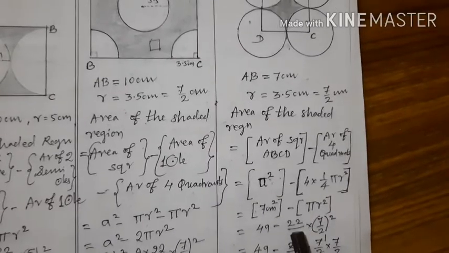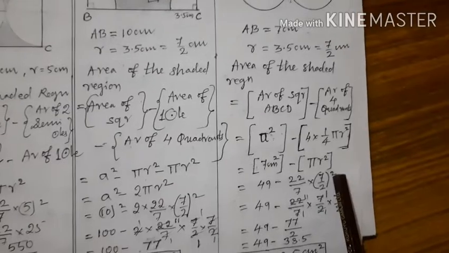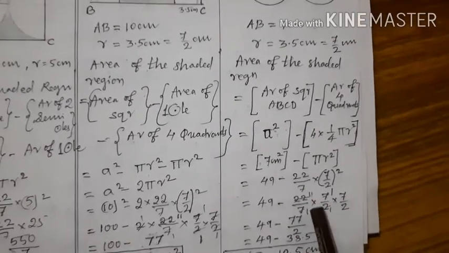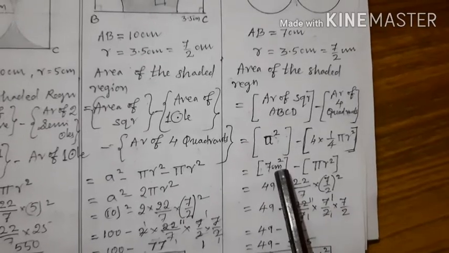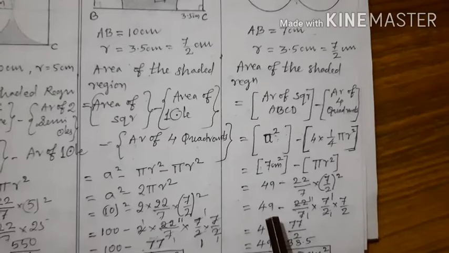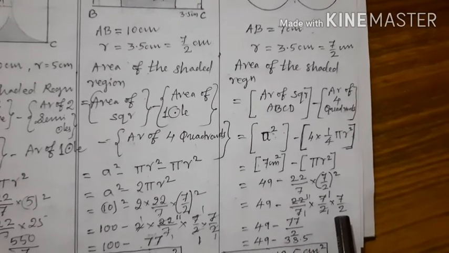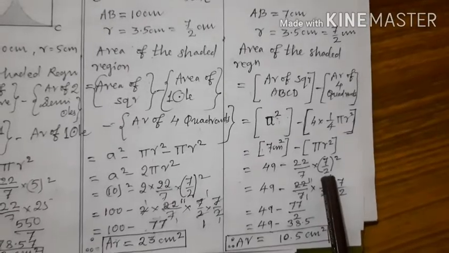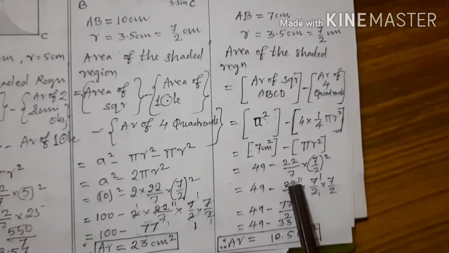π is 22 by 7, and radius is 7 by 2, the whole square. Therefore, 22 by 7 into 7 by 2 into 7 by 2. And here 7 square becomes 49. Therefore, 49 minus 22 by 7 into 7 by 2 into 7 by 2. Here 7 ones get cancelled. 2 ones and 2 elevens get cancelled.